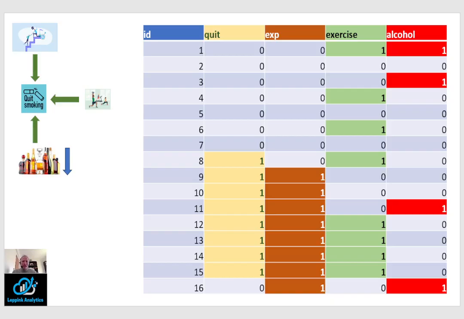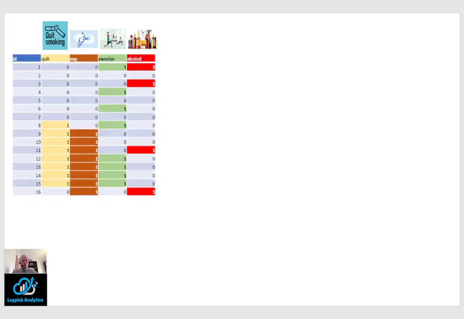So how can we analyze this data set in order to find out how these factors, health intervention, exercise, and alcohol consumption, contribute to the desired outcome? Some people may propose logistic regression. After all, the outcome variable is dichotomous, and we are interested in how three different factors contribute to the desired outcome of that dichotomous variable, in this case, quit smoking.